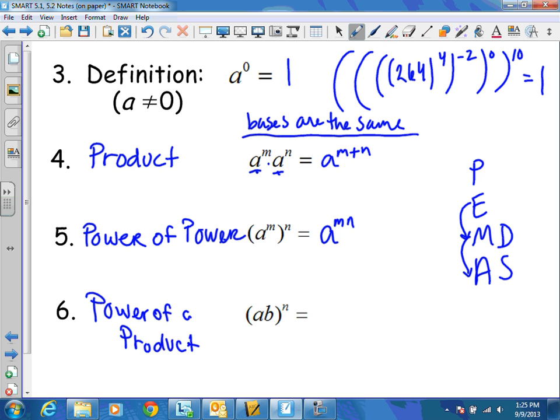All right. Then we have power of a product. Let's go ahead and just add in a P and an M: A to the P, B to the M. Let's put those in there too, so that we know what we're really doing. Now we're going to distribute just to the exponents.